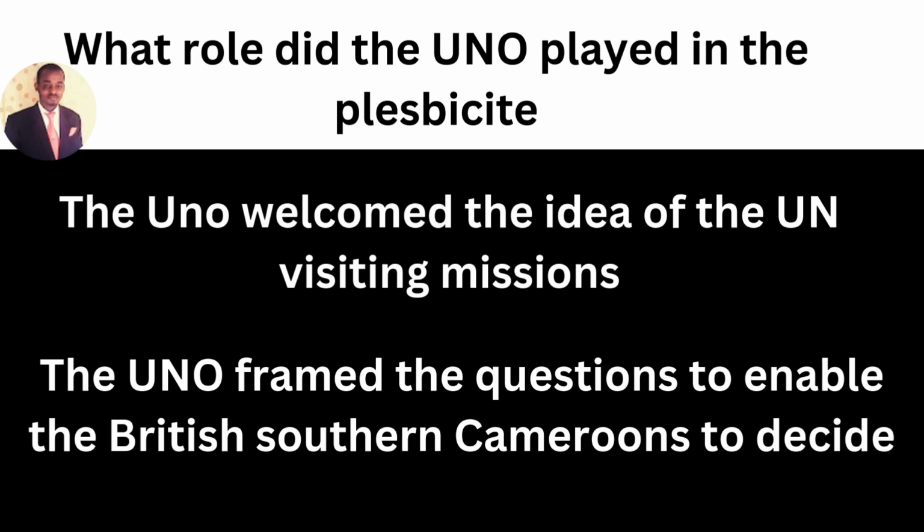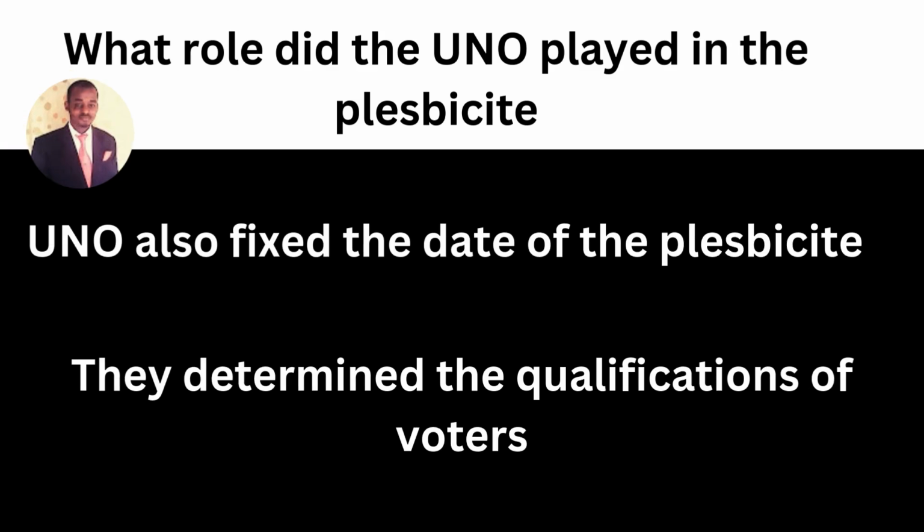Another thing is that the UN framed the questions to be decided on by Southern Cameroons, so the UN was responsible for the questions. Another role was to fix the date of the plebiscite.